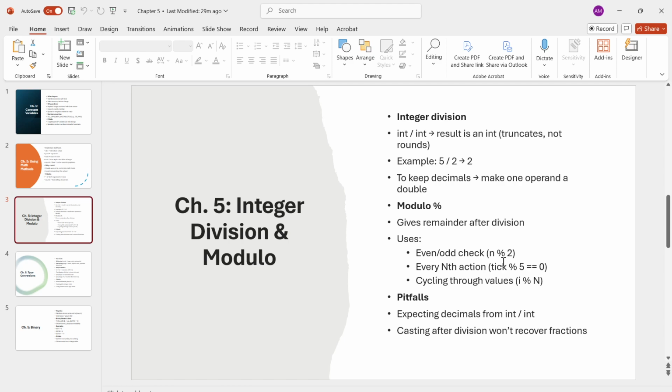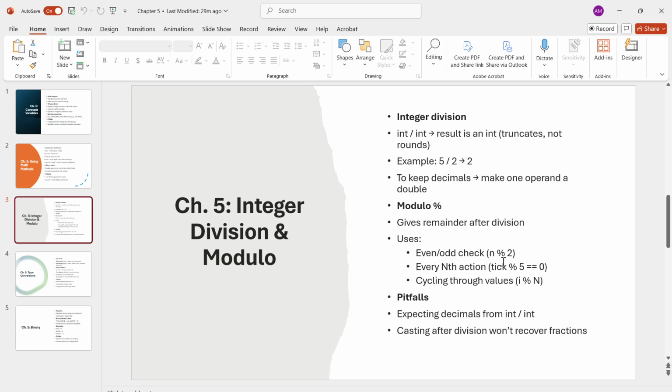If yes, make one operand a double. Do I need to check a pattern or schedule? If yes, think modulo. And if you're counting steps or frames and something happens every nth time, that's modulo again. So that's the core idea.